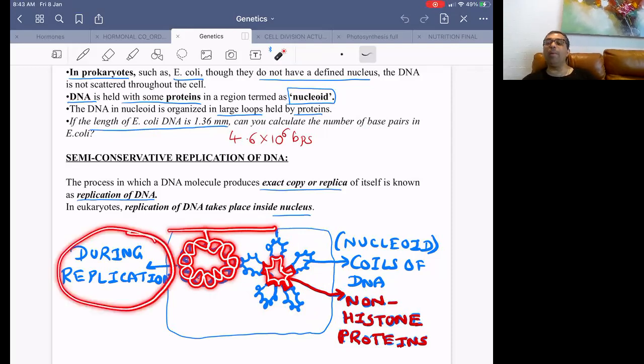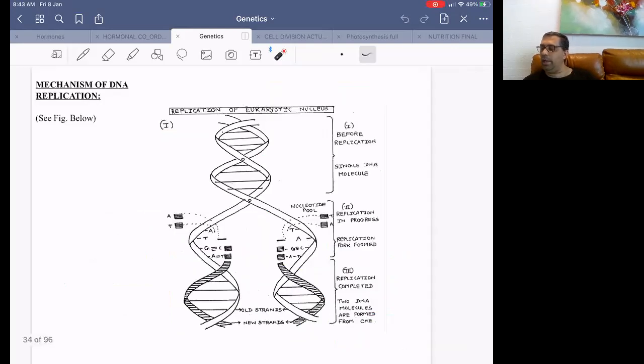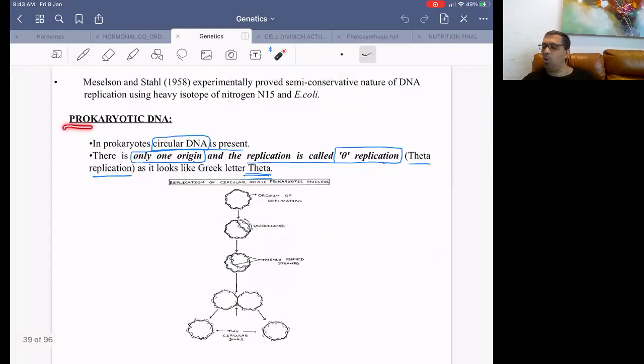So let us see how replication actually takes place. So this is replication in case of bacteria. In prokaryotic DNA, there is a circular DNA present, and there is only one origin.